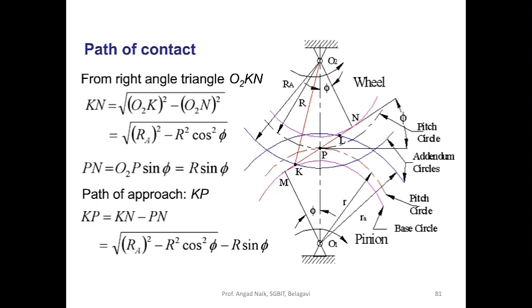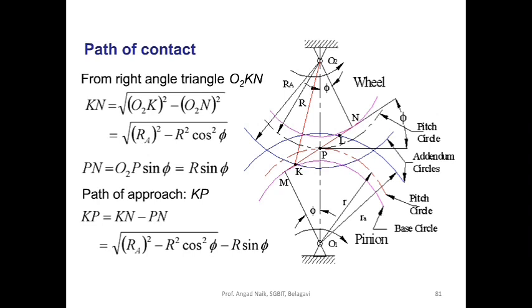O2N is R cos phi. So it is written as square root of Ra square minus R square cos square phi. PN is equal to O2P sin phi. O2P is capital R, so it is written as R sin phi.